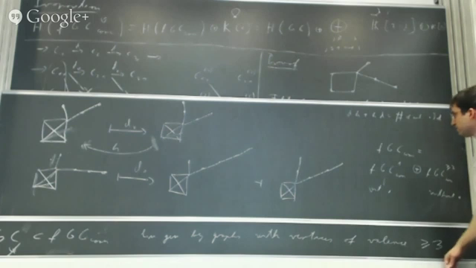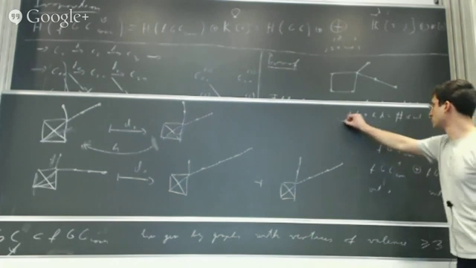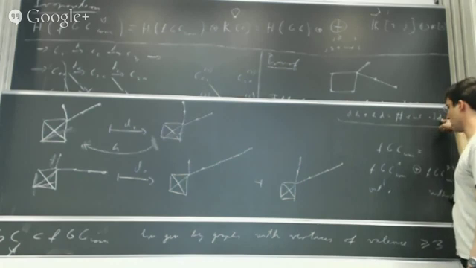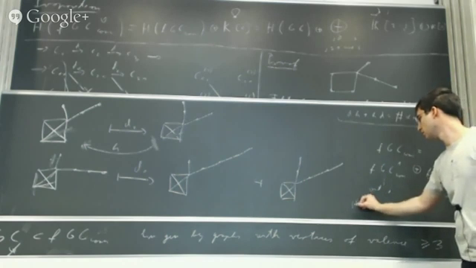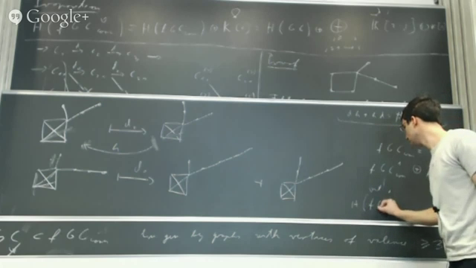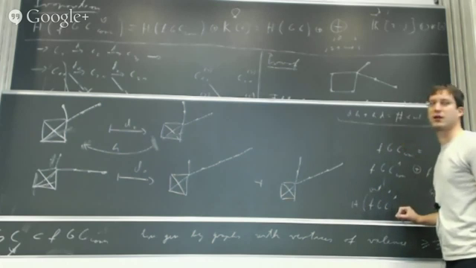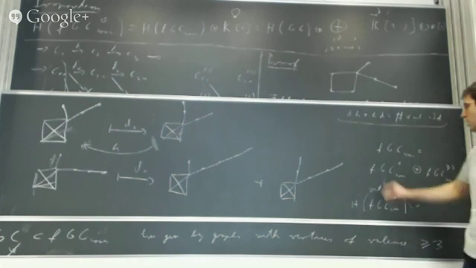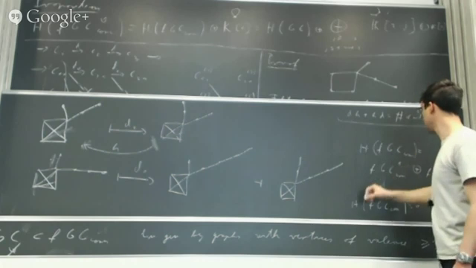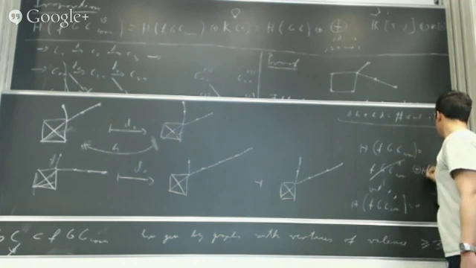Okay, so because this is not 0 here, the homology of this with at least one antenna is 0. Therefore, the homology of this is exactly only the homology of this.